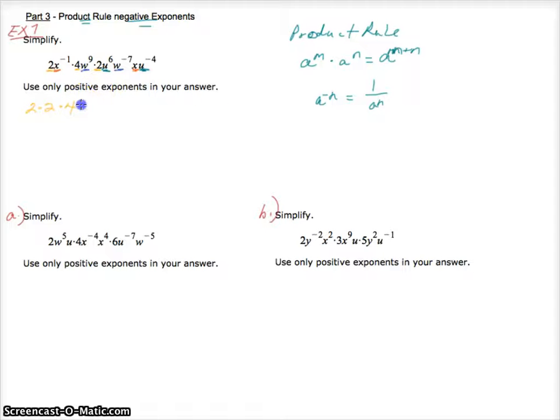So I have x to the negative 1 times x, and this is a little 1 up there, times x to the 1, times w to the ninth power times w to the negative 7, times u to the sixth times u to the negative 4.